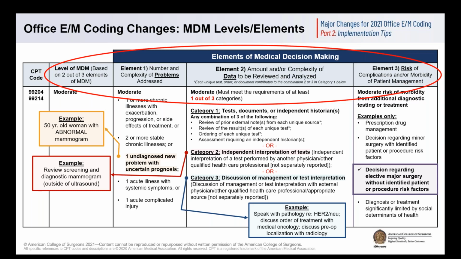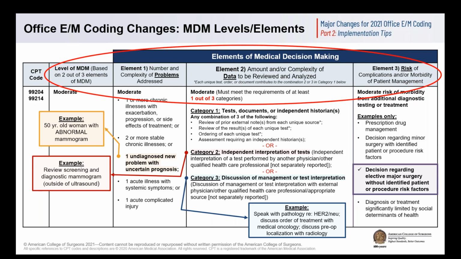Tests, documents, and independent historian are category 1, independent interpretation of tests is category 2, and the discussion or management of test interpretation is category 3. You can see by the little bubbles there, our example is a woman with an abnormal mammogram, which is an undiagnosed new problem with uncertain prognosis that meets the moderate level for problems.